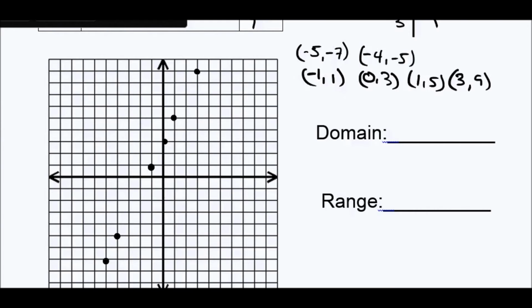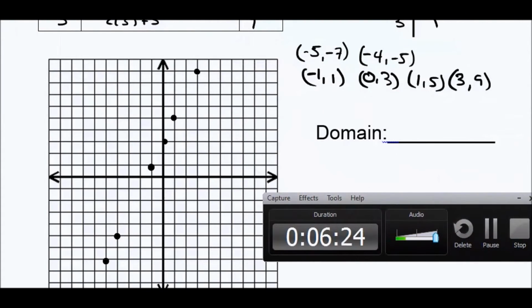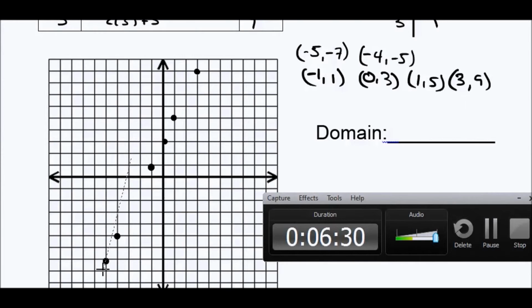So what I could do is even draw a line somewhere. Let me insert a line. Let me do the arrows on both sides. Oops, didn't do this right.